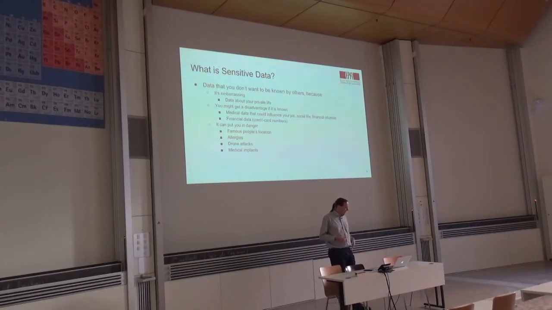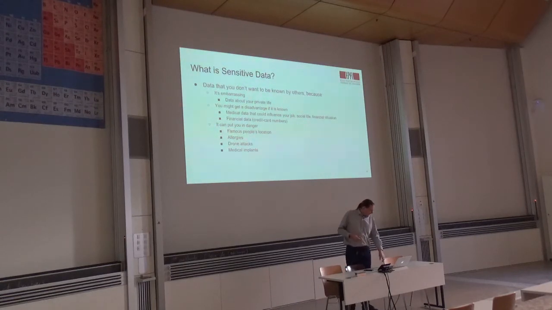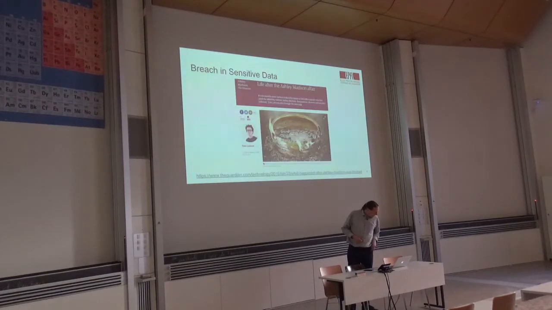Things that could put people in danger, such as allergy information, or in parts of the world, information that could make someone subject to drone attacks. Medical information about medical implants that could, in principle, be targeted for attack.